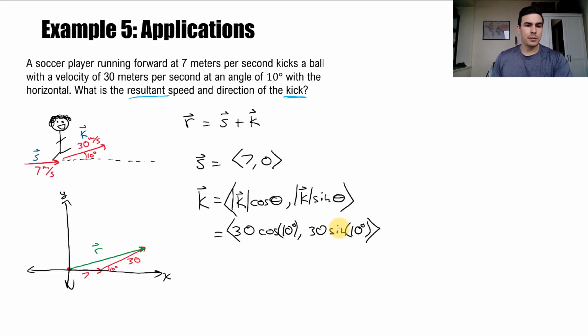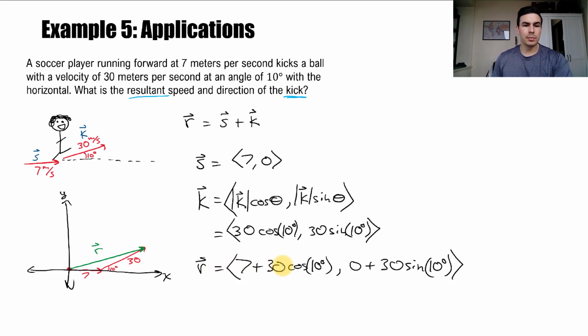So that's going to be 30 cosine 10 and 30 sine 10. So vector R is going to have components of 7 plus 30 cosine 10 and 0 plus 30 sine 10. In decimal form, we've got 36.54 and 5.21. So that would be our resultant vector right there.